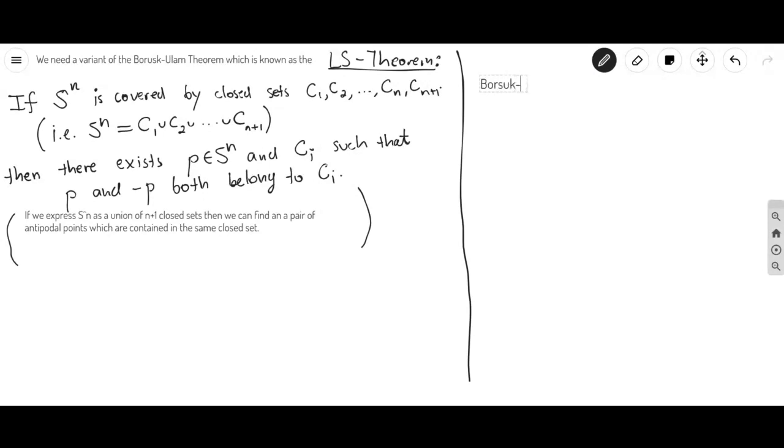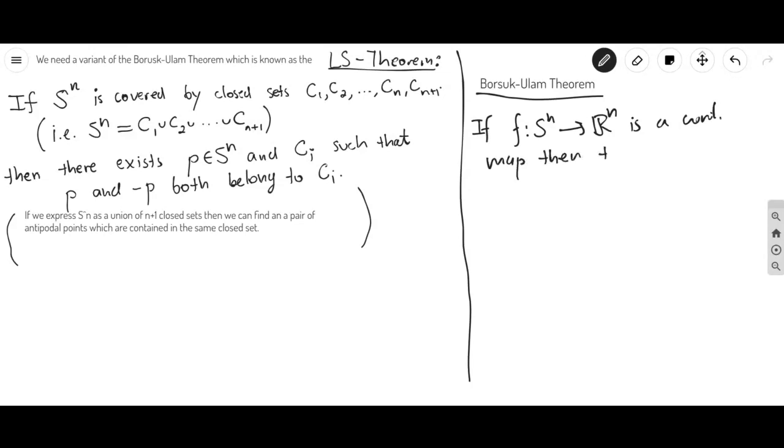It says that if f is a continuous map from Sn to Rn, then there is a point p on Sn so that f of p is equal to f of minus p. And we're going to use this to prove this variant of Borsuk-Ulam.